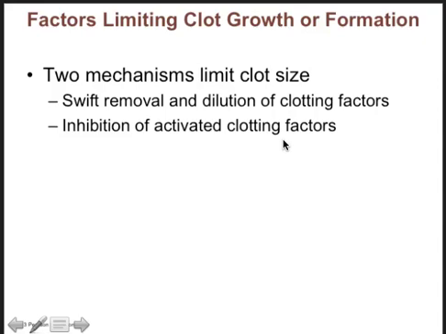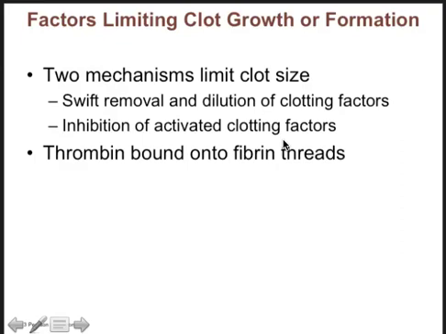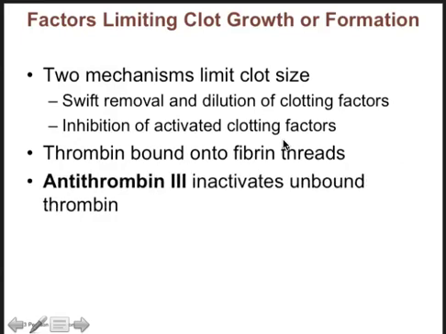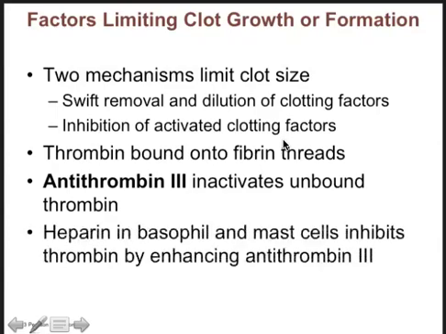The inhibition of activated clotting factors is another limiting factor in the growth of clots. Thrombin bound onto fibrin threads is also a limiting factor as well. And antithrombin 3 is a protein that inactivates unbound thrombin, and as a result keeps it from executing the clotting cascade outside of its normal boundaries.